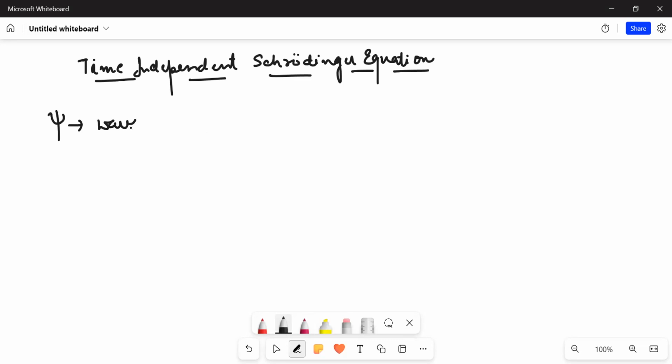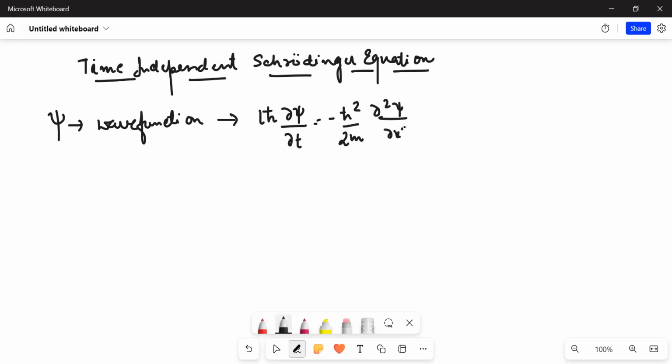As you are aware, in quantum mechanics the central theme becomes the wave function itself. And we've seen that this wave function satisfies an equation which is called the Schrodinger equation.